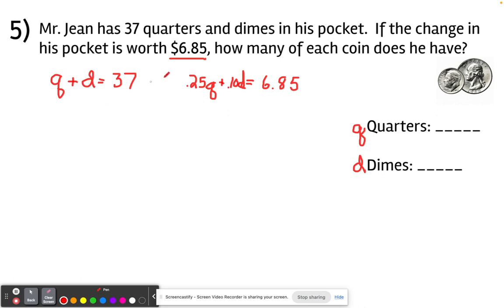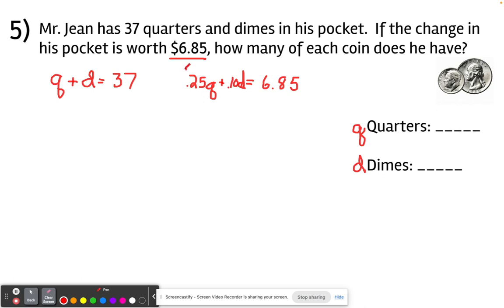But another way I could look at this, if I multiplied this whole equation by negative 4, I would end up with a negative 1q, which would cancel. Or I could multiply this whole equation by negative 10, and I would end up with a negative 1d, which would cancel. So many options. Which one should I do?